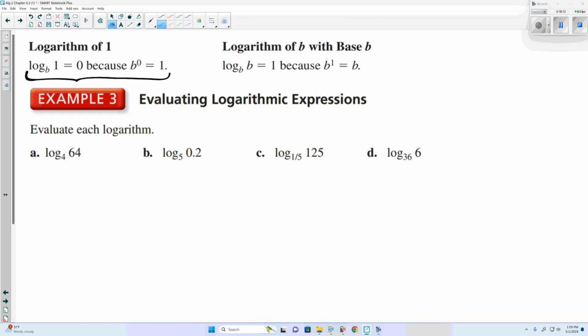The reason for that is if we wrote log base B of 1 as an exponential, in exponential form, we just get B to the 0 equals 1. So if what's inside the logarithm is 1, it's going to equal 0. Our other one that's nice to know is when the base and what's inside are the same, it equals 1.